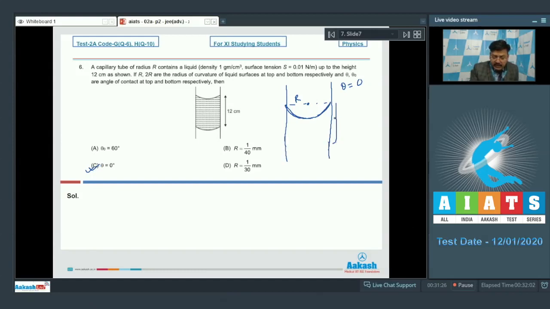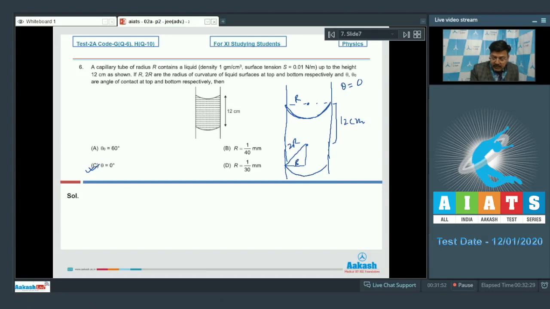distance of 12 centimeter. Let's say this is 12 centimeter, and at the lower surface radius of meniscus is 2r. So that means if here is the center of curvature, the surface is forming like this. The center of curvature is here, and this distance is 2r.